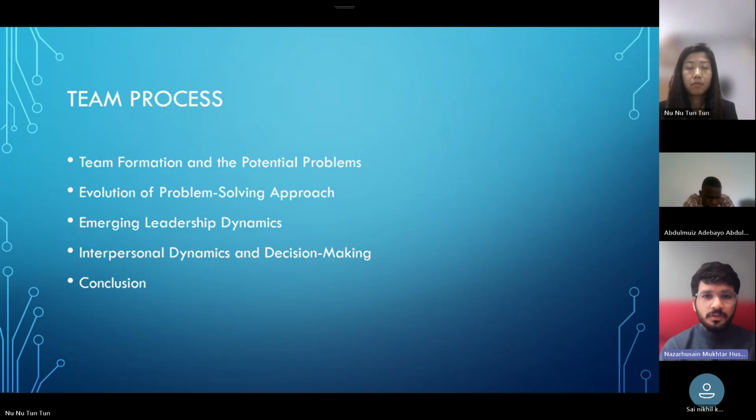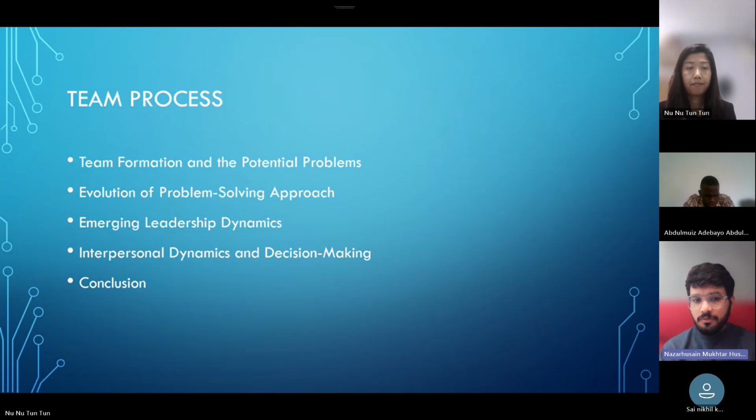Our team was diverse, which brought different problem solving approaches. However, this also caused initial communication challenges such as scheduling and misunderstanding. We quickly addressed these issues and established ground rules for communication, making sure that everyone had a voice and clear expectations were set.